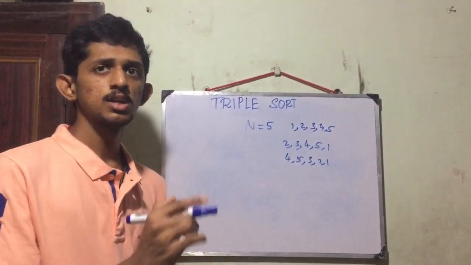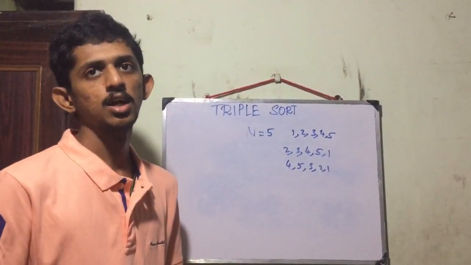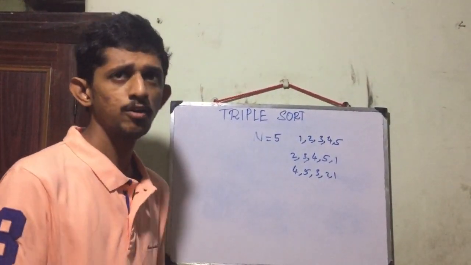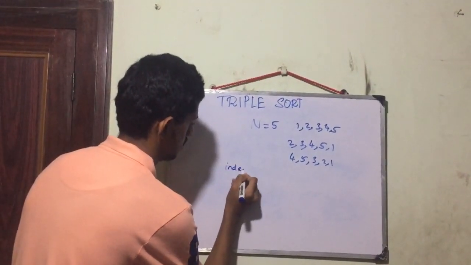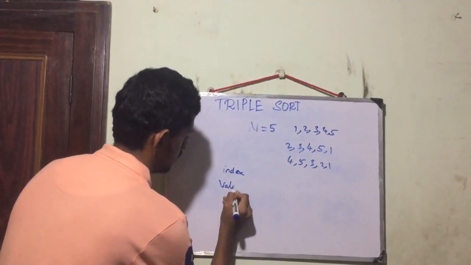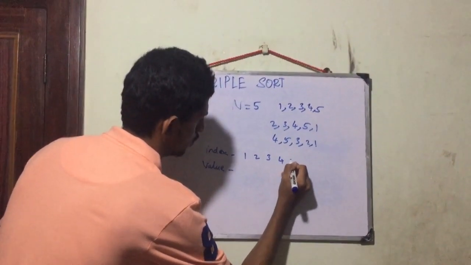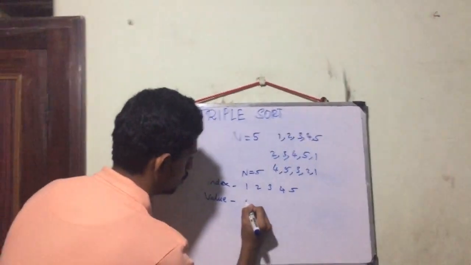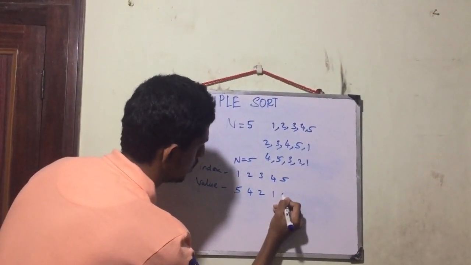But you have to sort this permutation in increasing order with one condition. Now let's see that condition. You have to choose three index values. I take n is equal to 5, so 5, 4, 2, 1 and 3.